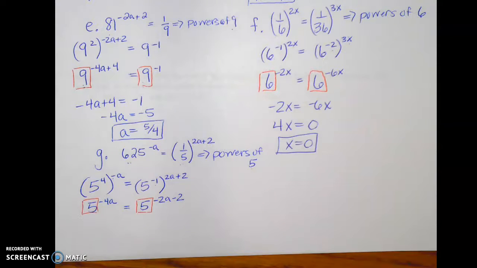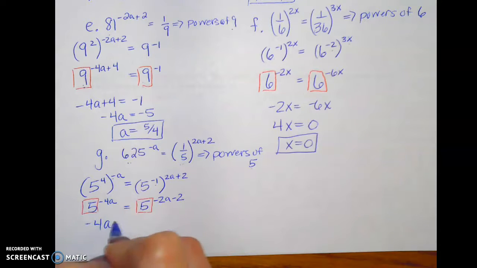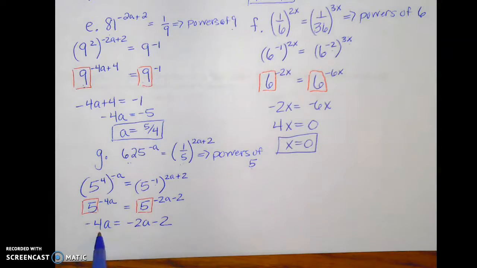Once you do that, your bases can disappear, and you just use your exponents. So it's negative 4a equals negative 2a minus 2. You can pull this 2a over here using addition, and you have negative 2a equals negative 2, which when you divide both sides by negative 2, you get your final answer of a equals 1.